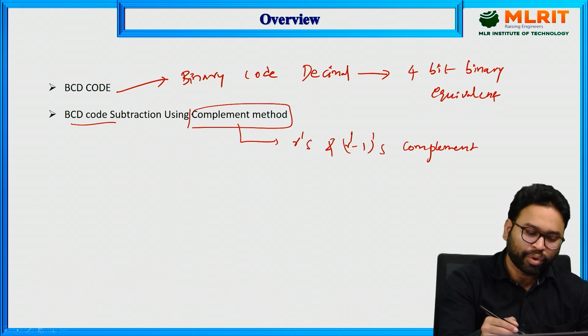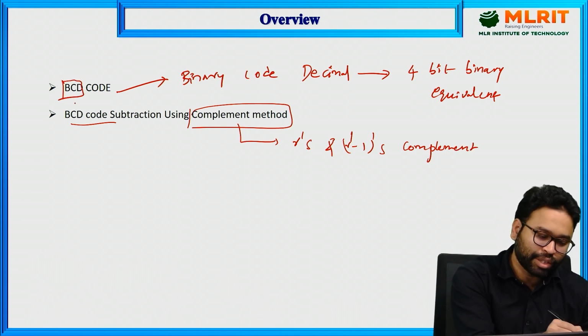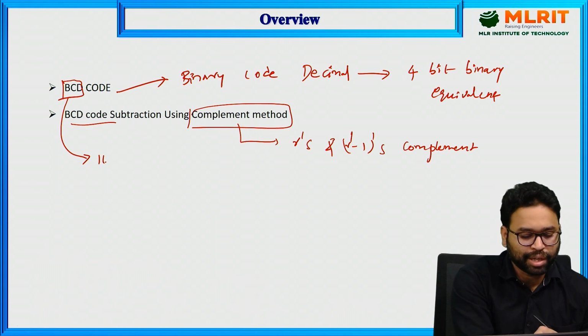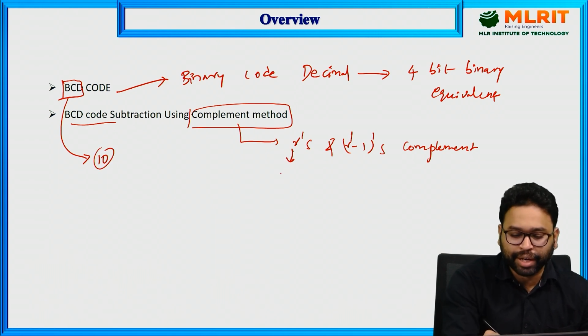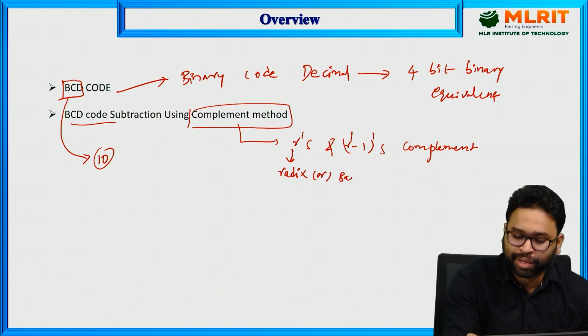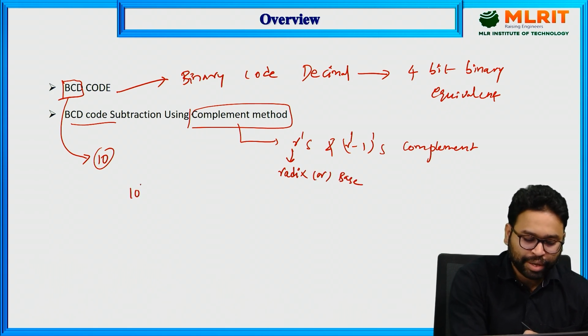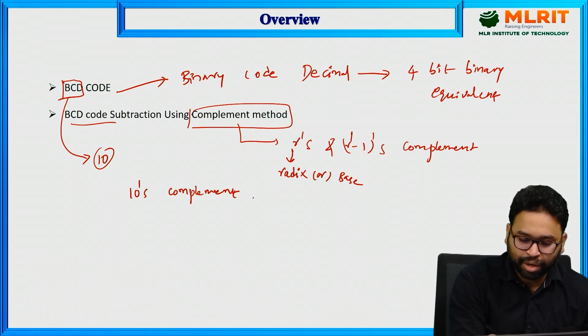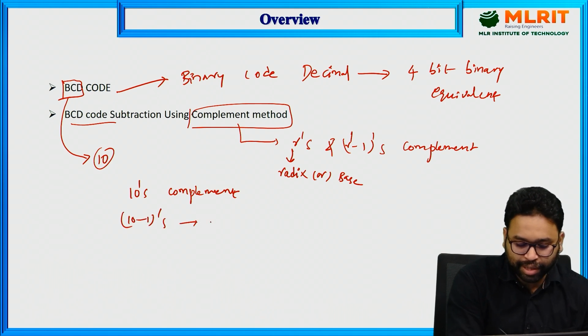As we're talking about BCD code and the base of the decimal number system, that is 10, where R indicates radix or base, we can perform subtraction using the tens complement method. And the other is R minus 1, which means 10 minus 1's complement.